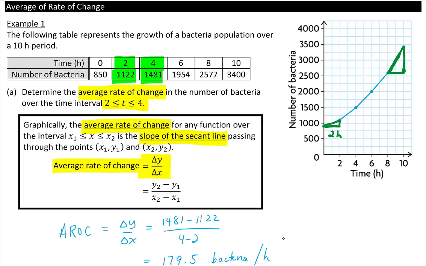So this is 2 hours. And this is 2 hours. You can see that this triangle is definitely the tallest amongst all these 2 hour intervals. So this one would have the largest slope or the largest rate of change.